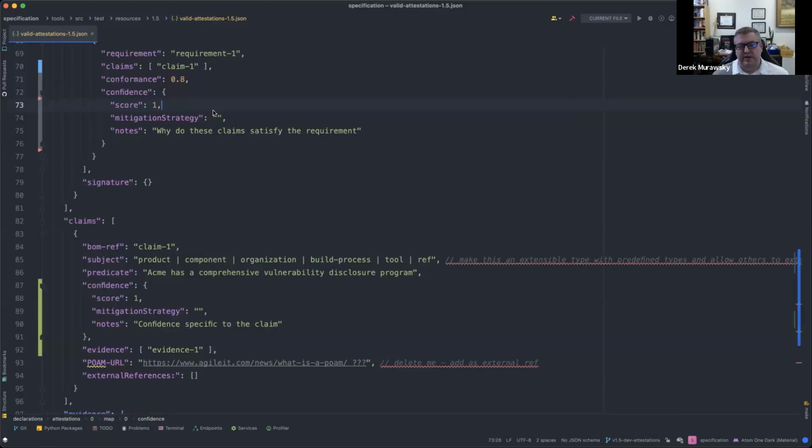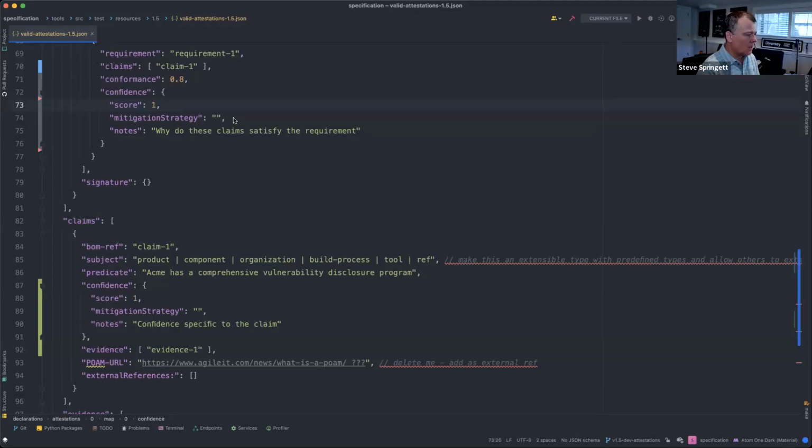So maybe having POEM URL as an example of one of those data things, because I think you said URLs could be in there as well, in a data block. I'm asking about external references. External reference, yep. Maybe that's the right thing for the mitigation strategy in general, because then you could include both. You could put in text and actual data for what the mitigation strategy is in this document. You could link to it externally.